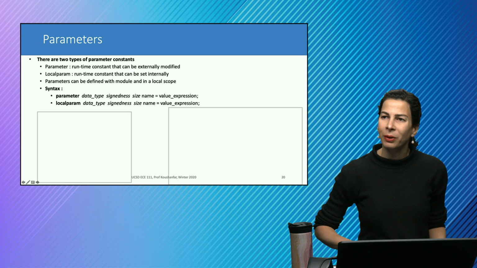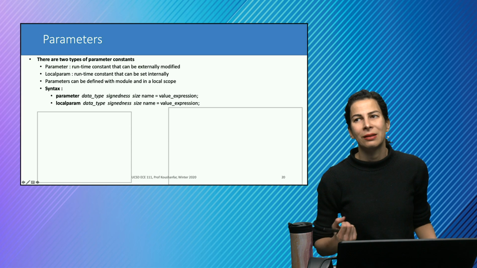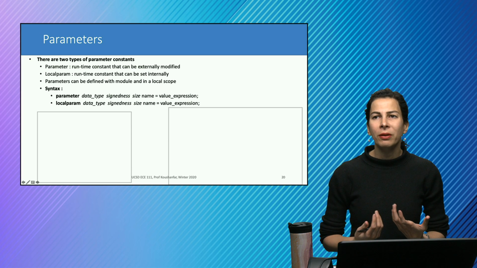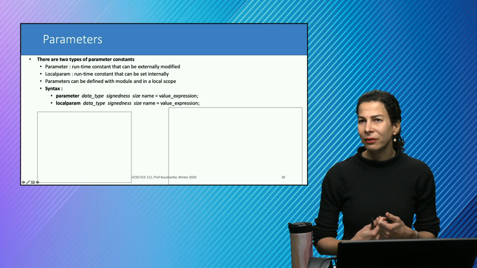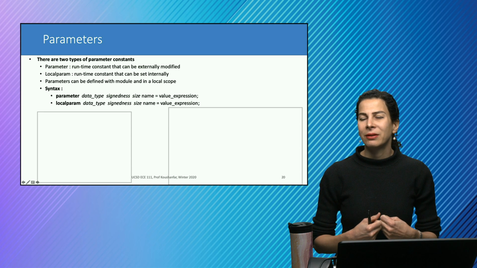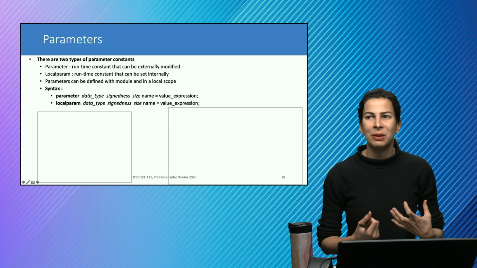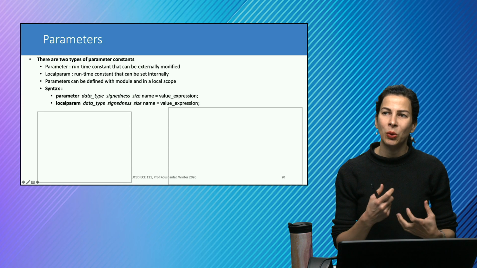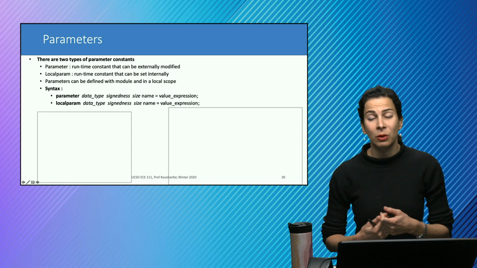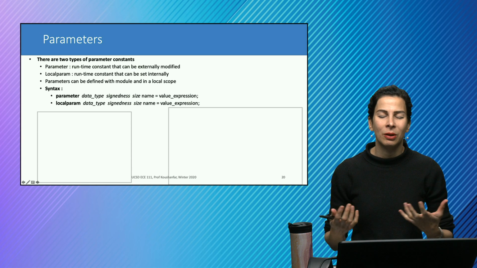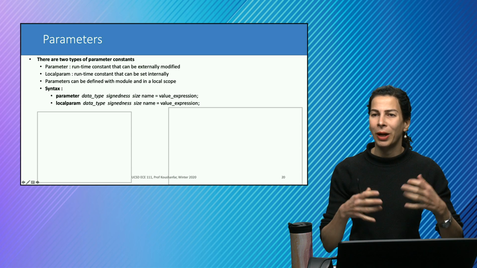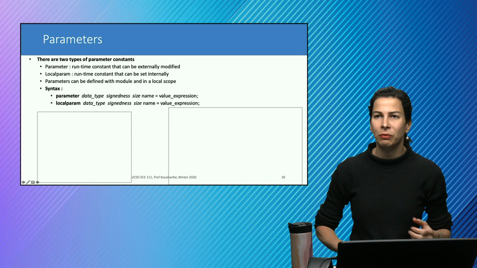The important thing to know is that there are 2 types of parameters. One is a global parameter; both of these are runtime constants, but we could externally modify the global ones. Local parameters, however, can be internally modified inside the module. The global parameters can be defined to go at the top level, and we could change them like what we have seen.